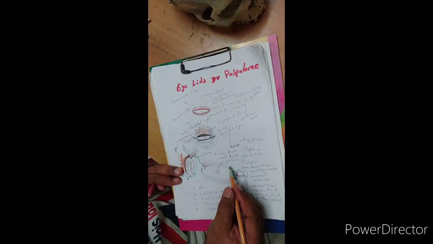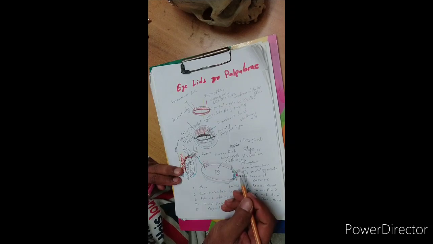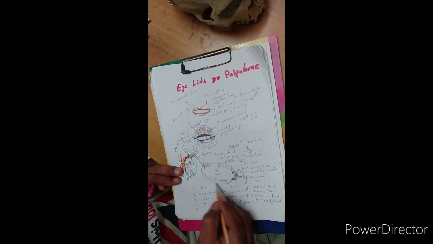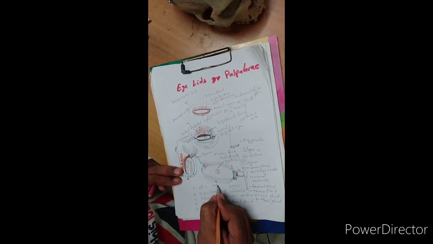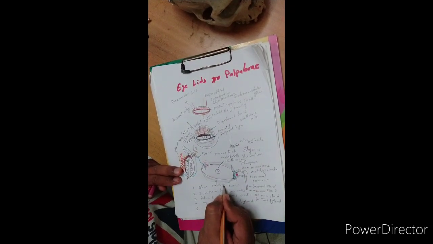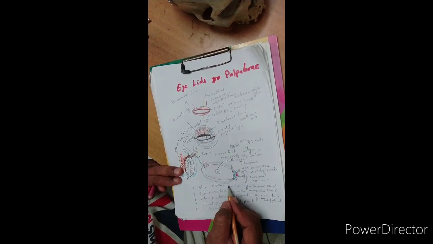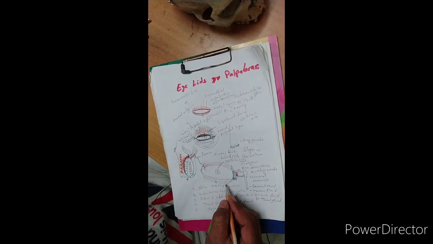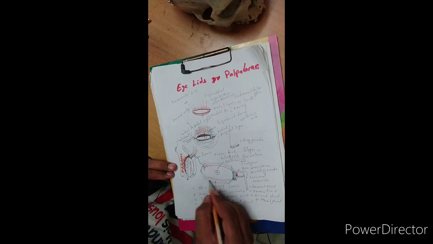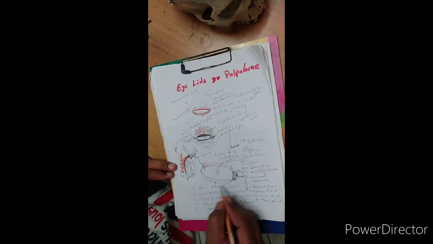While the inferior palpebral conjunctiva is supplied by the maxillary nerve. The infraorbital nerve comes from the maxillary division and supplies the conjunctiva of the lower eyelid.